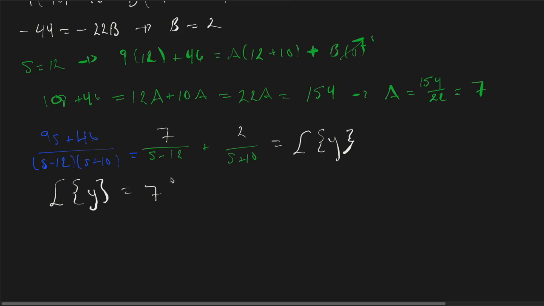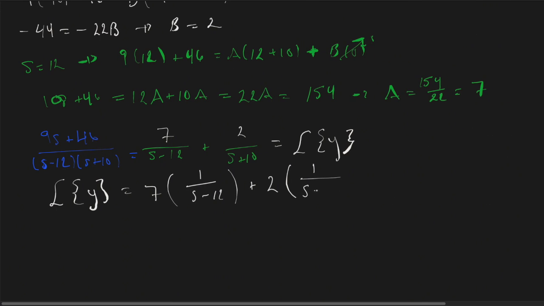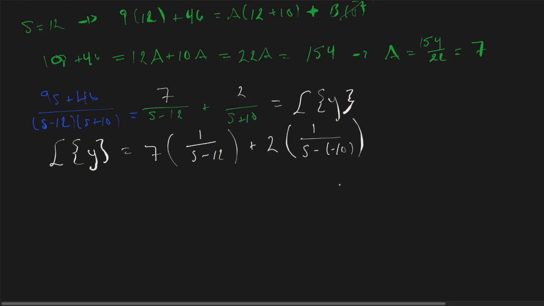So I factor out a 7 and I times by 1 over s minus 12. And I do the same thing for here. I'm going to factor out a 2, 1 over s. I noticed down here that a is related to a negative sign. So I can do a minus 10. And that's the same thing, right? So times a negative 3, I get a positive.